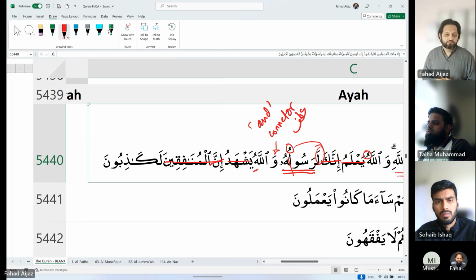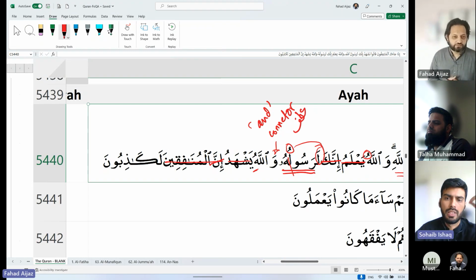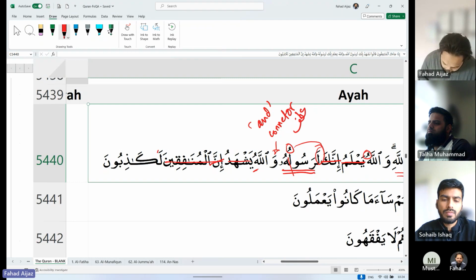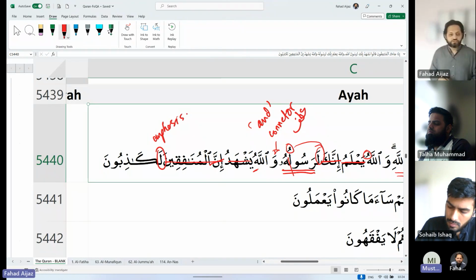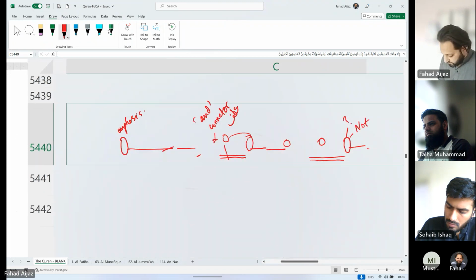Lakazibuna. No, because if it was harf of jar, then it shouldn't be lakazibuna. Correct. What should it be? Lakazibina, right? Because ina ending is nasab or jar. So this is again the emphasis lam. It's not a harf of jar now. Got it?